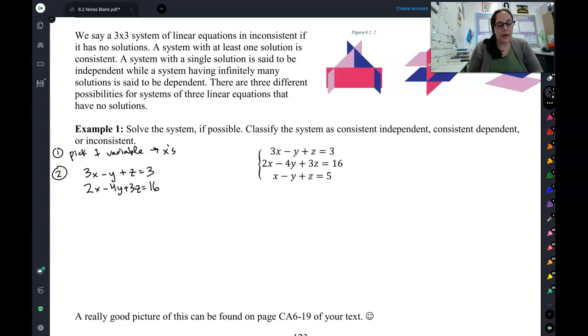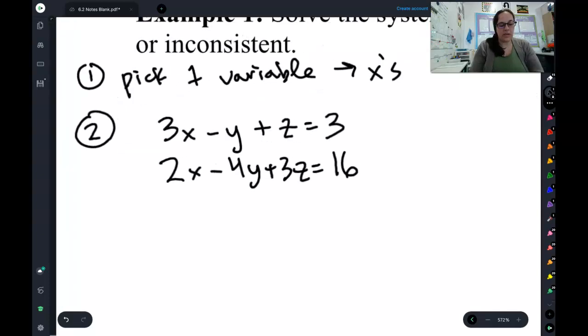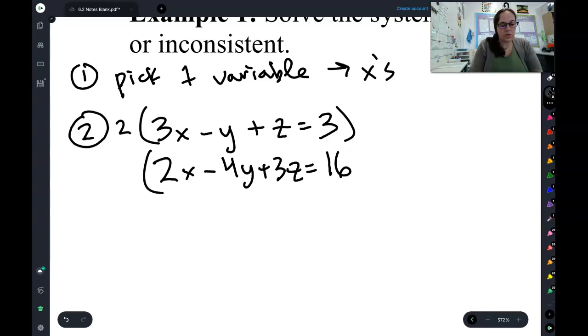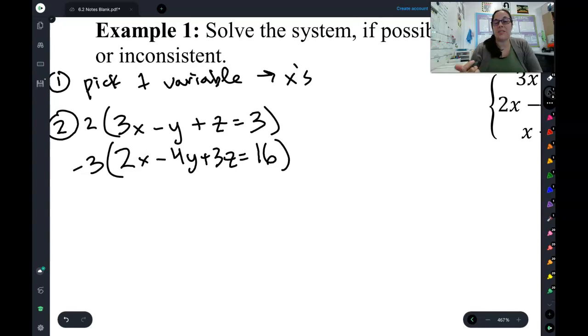So I picked a pair of equations and I'm going to eliminate the x's from this pair of equations because the x's is the variable I picked at the beginning. So I'm going to zoom in here. I need to eliminate the x's. So that means I'm going to multiply this one by 2, this one by negative 3. So then my x's will stack up and eliminate from each other.